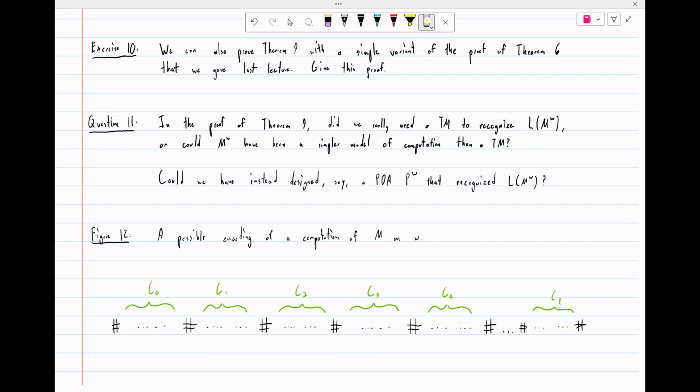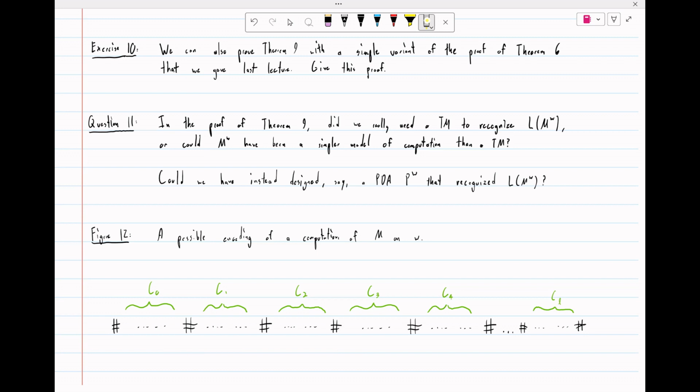So one immediate design problem that you might run into is the fact that my Turing machine tests for multiple conditions. What does it do? It accepts if it fails any of the conditions required to be an accepting computation.